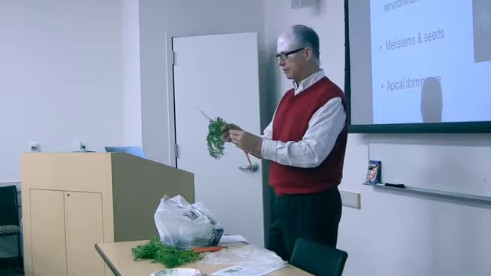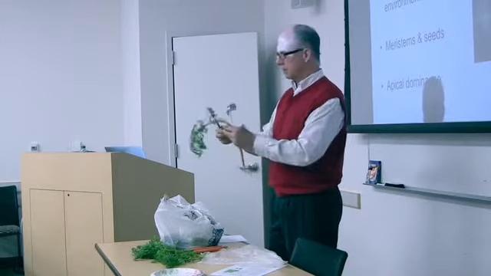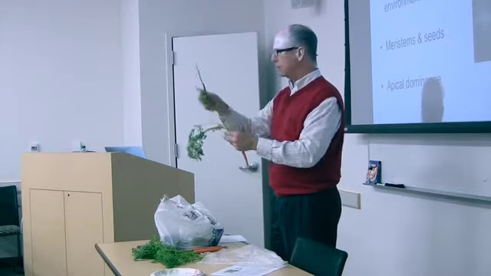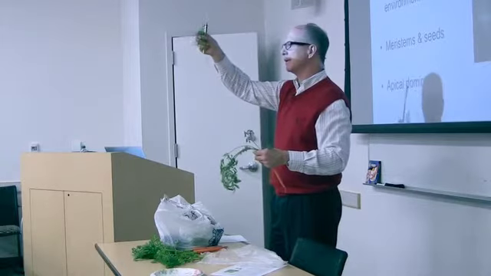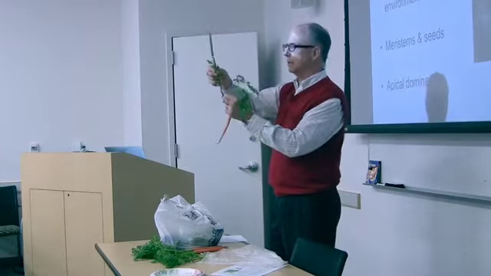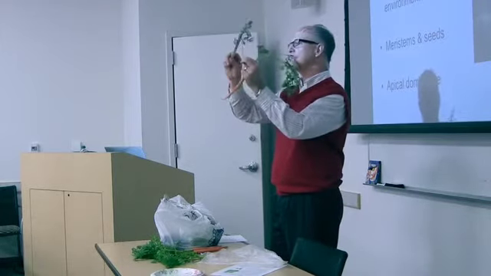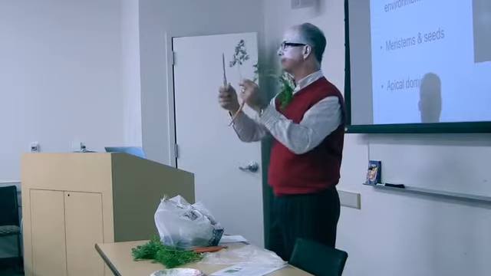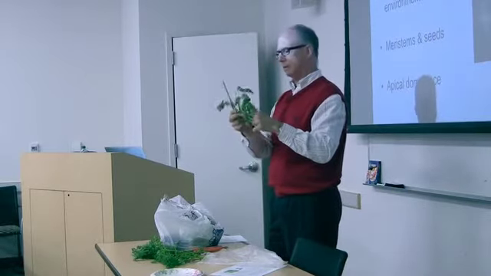Okay, so I'll take off one of these green things. I don't see a node or a bud or anything on there. It should have a petiole and a leaf. Yeah, this is a leaf. This is a compound leaf. This is the petiole. This is the leaf blade. It's divided multiple times. So I still haven't found the stem yet.